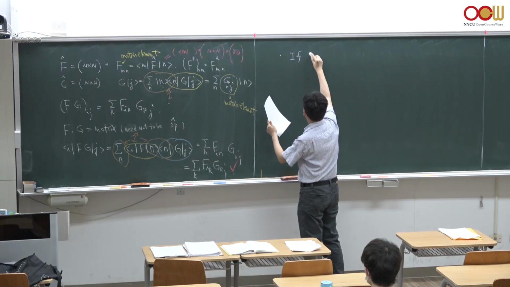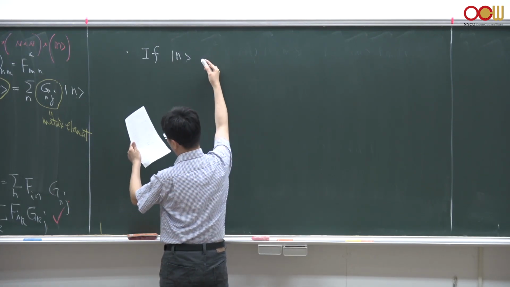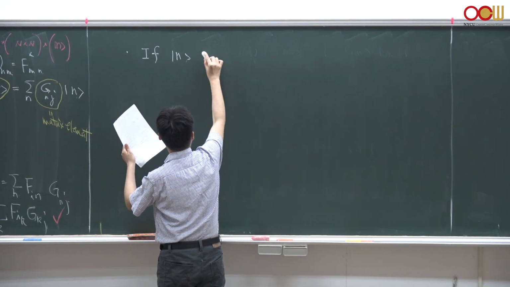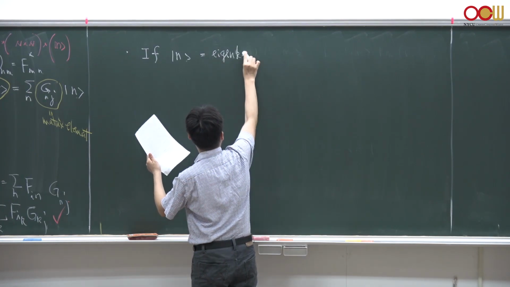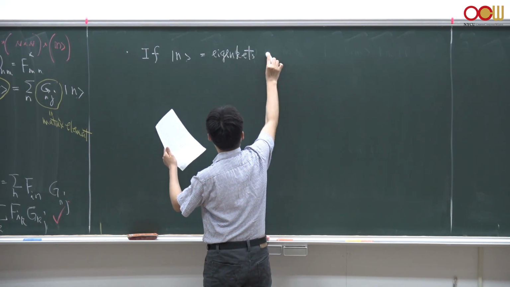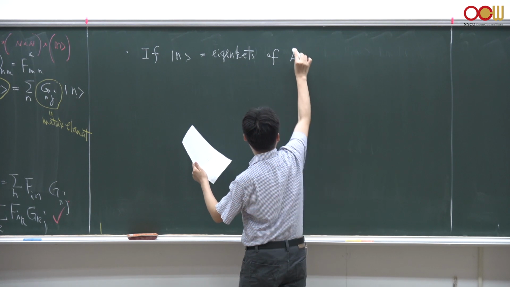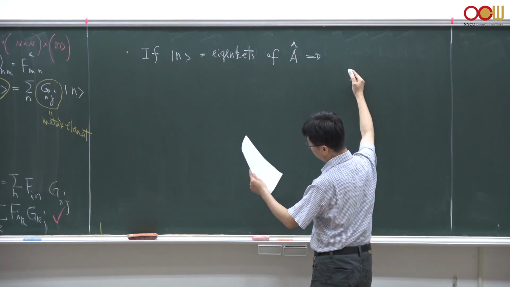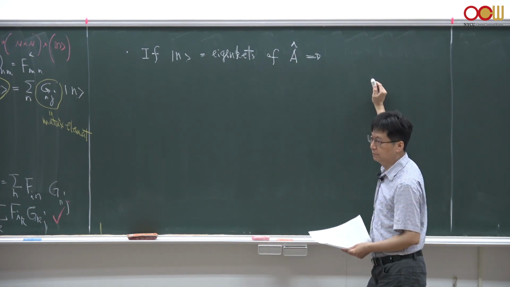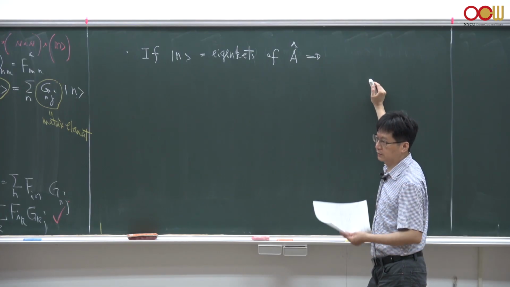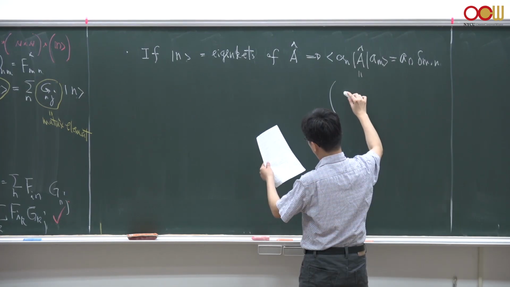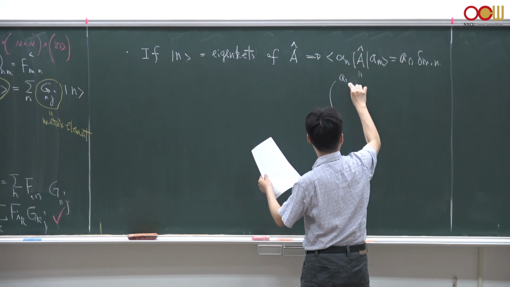So if the kets n are the eigenstates or eigenkets of an operator A, then this operator A can be written in a diagonalized form. The reason is really simple.